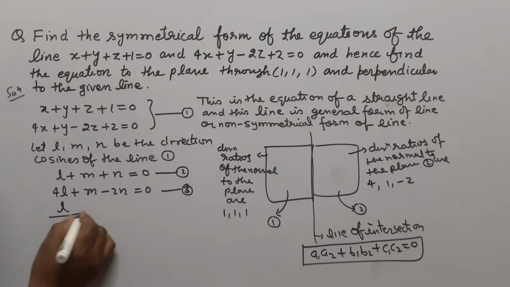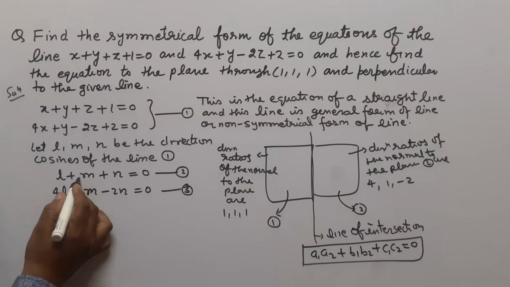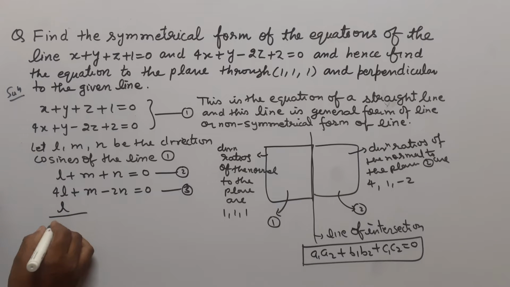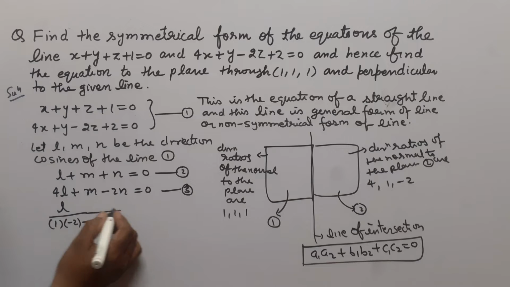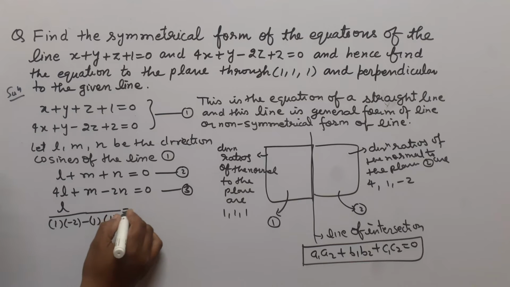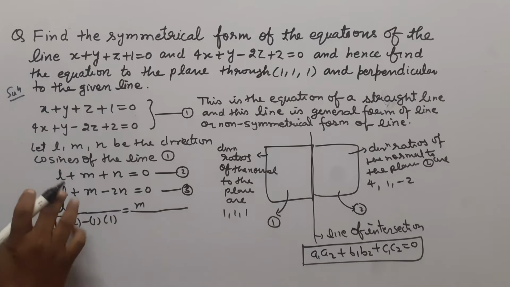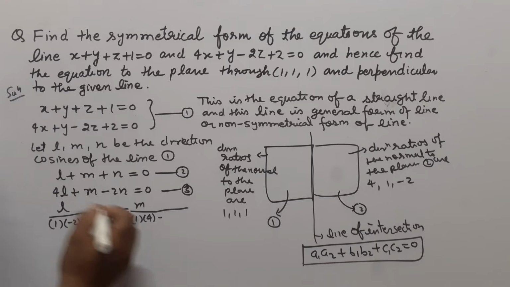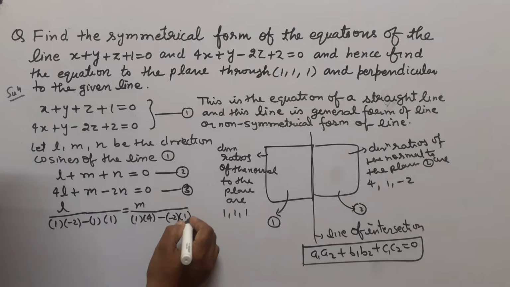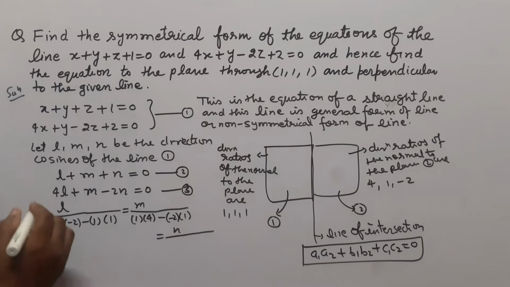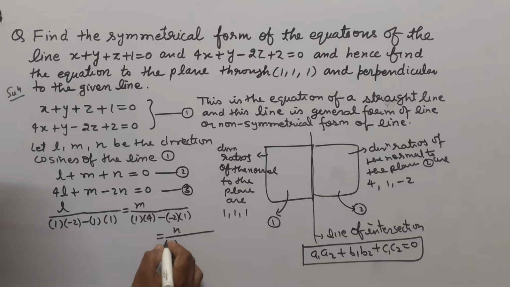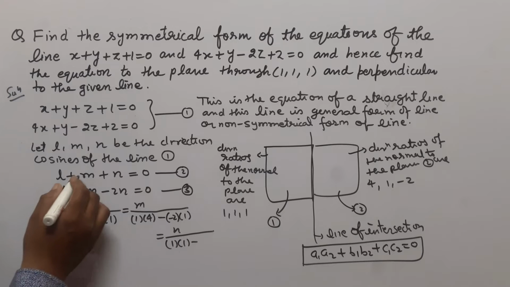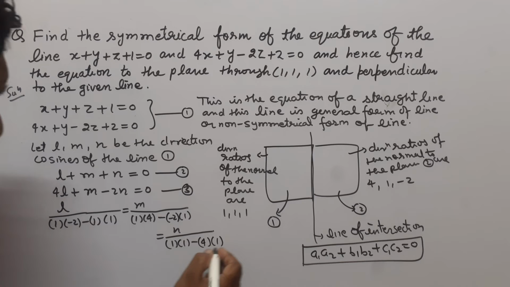So we write L divided by 1 multiplied by minus 2 minus 1 multiplied by 1, equal to M divided by 1 multiplied by 4 minus minus 2 multiplied by 1, equal to N divided by 1 multiplied by 1 minus 4 multiplied by 1.